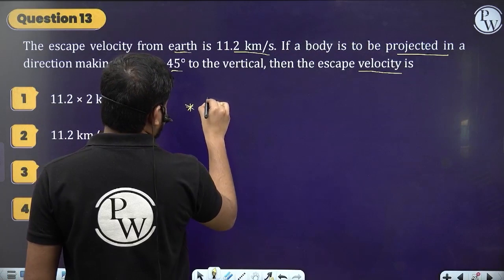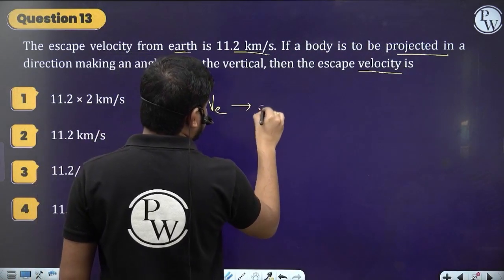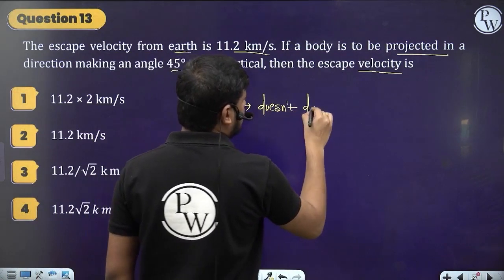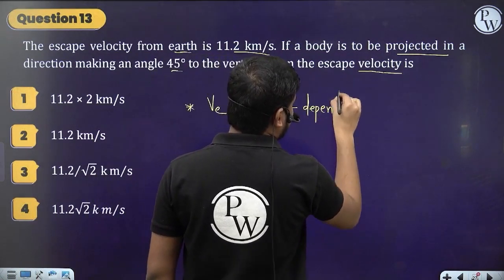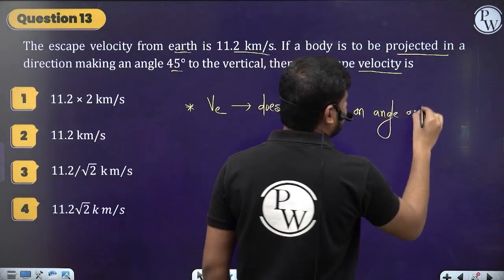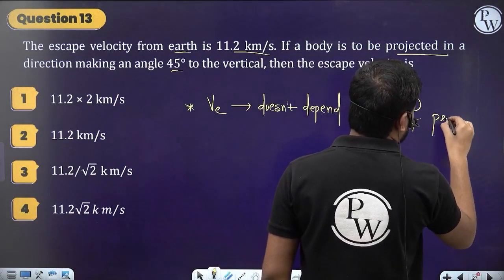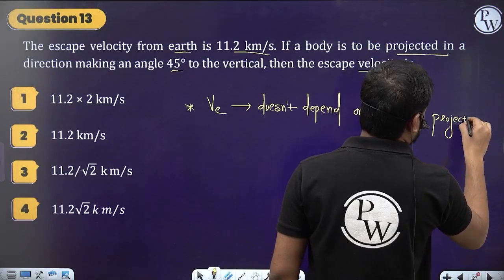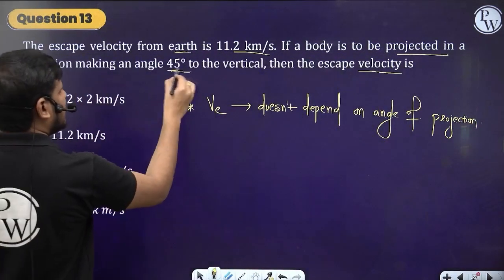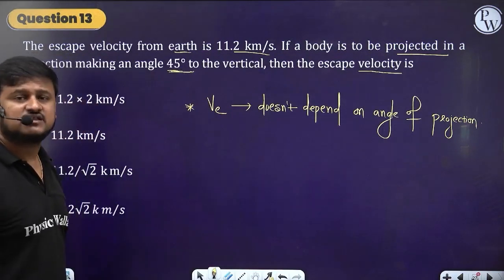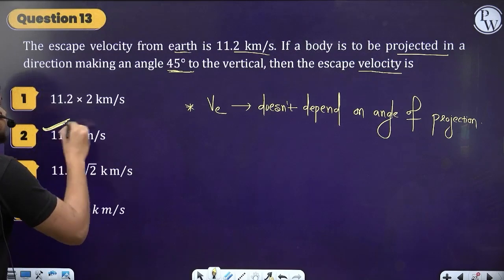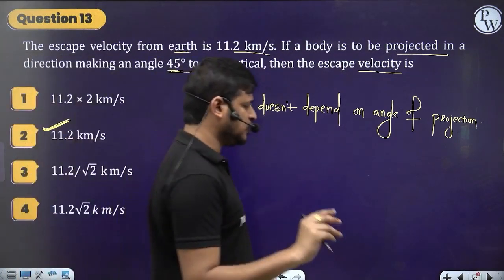So whether you throw it at a 45 degree angle, 60 degree angle, 30 degree angle, or 50 degree angle, the escape velocity remains the same, 11.2 kilometer per second only.